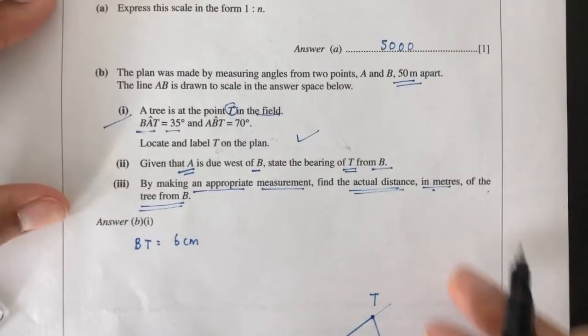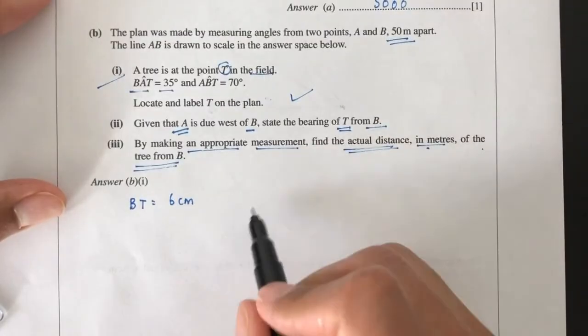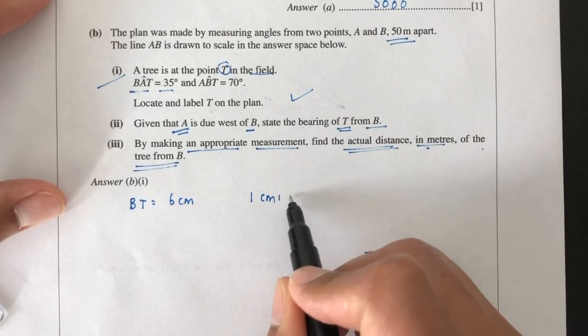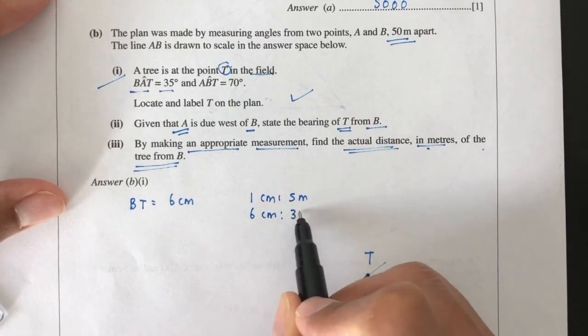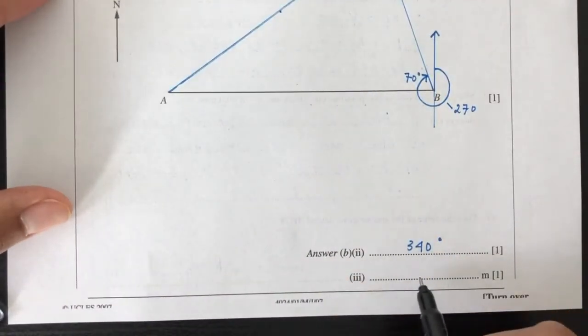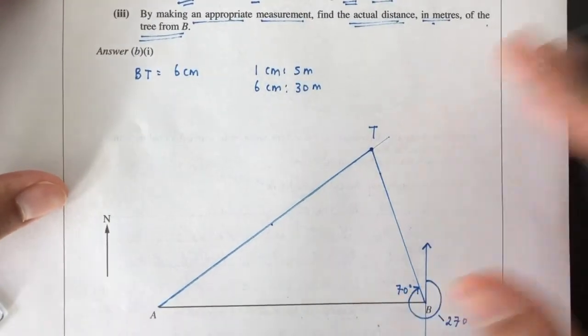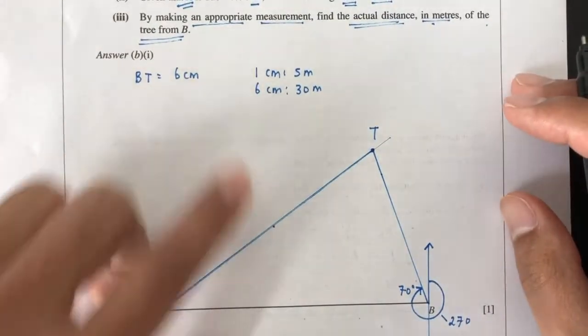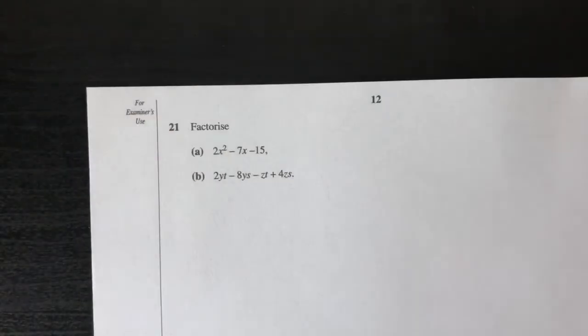Now I have to use the scale, which is 1 to 5 meters. So know that 1 centimeter is 5 meters. So 6 will be 30 meters. So this one will be 30 meters for the distance. Your answer may be slightly different as well, and that is okay, as long as you show your working on how you get your answer. That will be question 20. Let's move on to the next one.